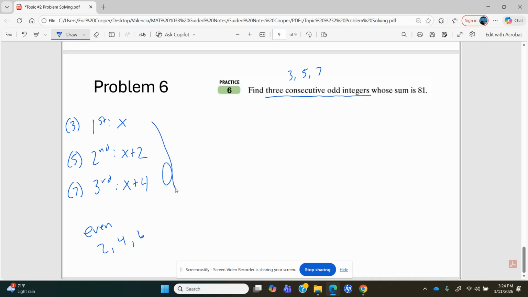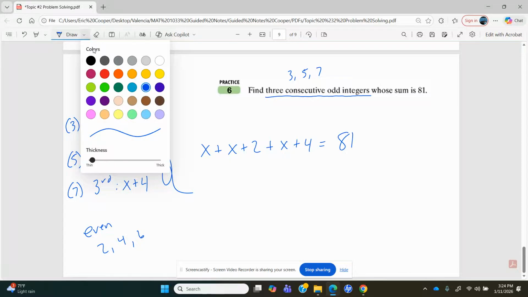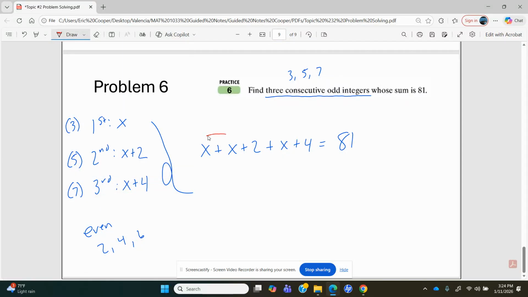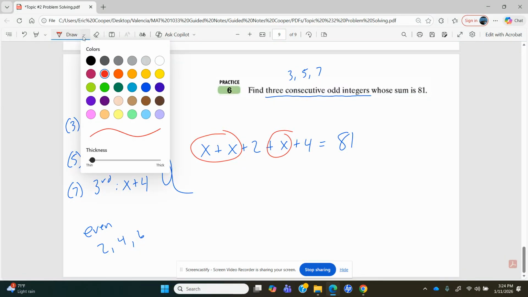Now it tells us the sum of all 3 of these is equal to 81. So I'm going to take all of these integers and add them up and set them equal to 81. Once again, I'll combine like terms. I've got x's here that'll combine.